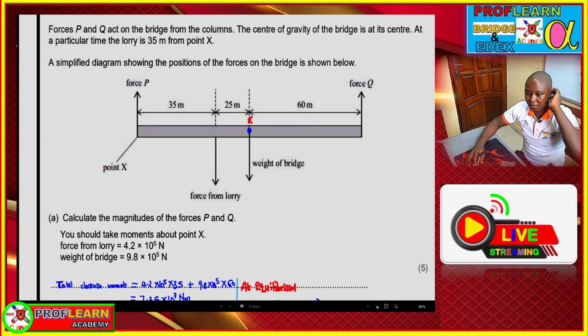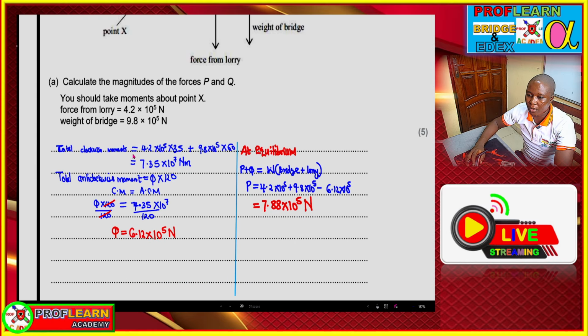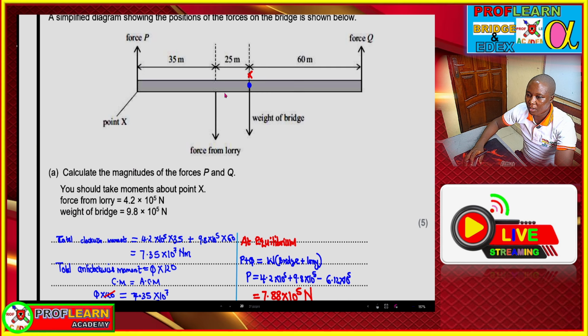All right, so in that case, we are going to say total clockwise moment about X. If it will be here, the lorry will be pushing down here. A moment that is going to be in this direction is a clockwise moment. So the distance from where the pivot is to this, we're going to use the force of the lorry, and the distance from where the pivot is to this, we're going to use the weight of the bridge.